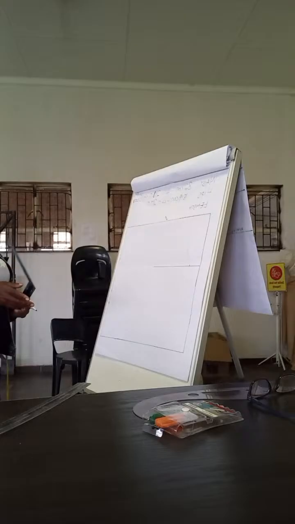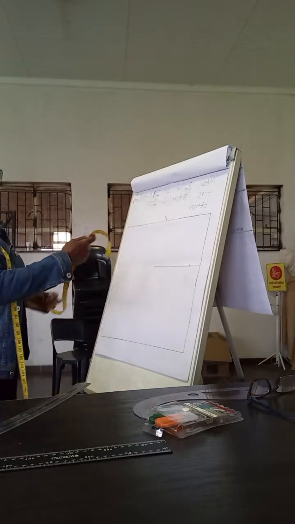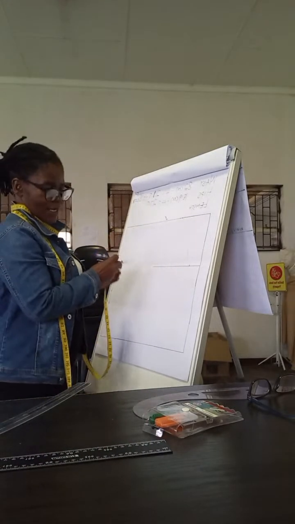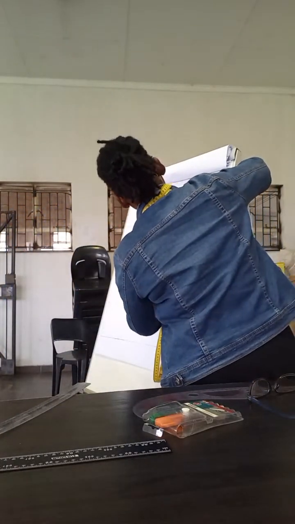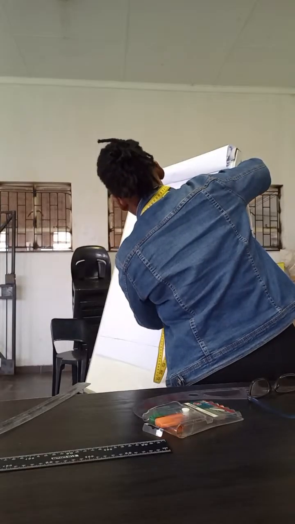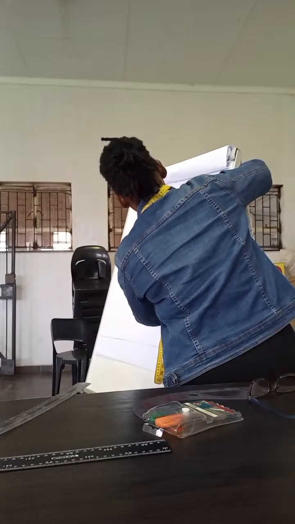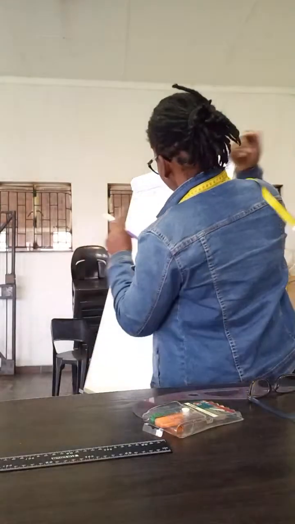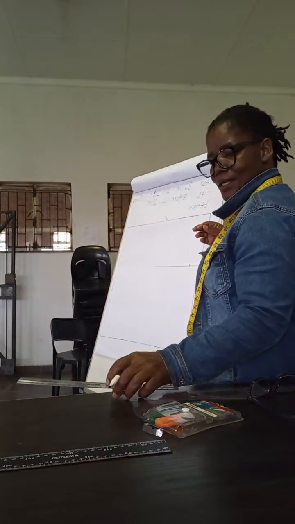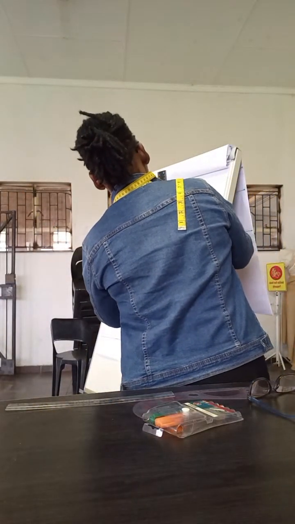Now, in your dart, measure 9 centimeters down and make a dot and square down. From top to down, measure 9 centimeters. Square it so that it is squared from up to down.